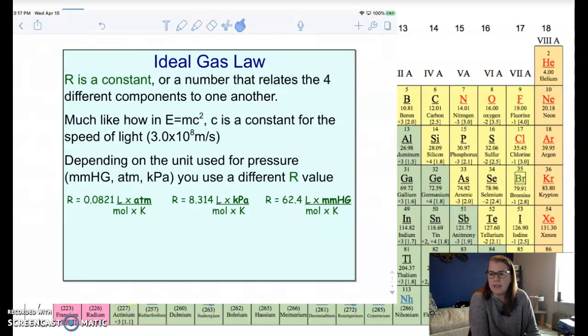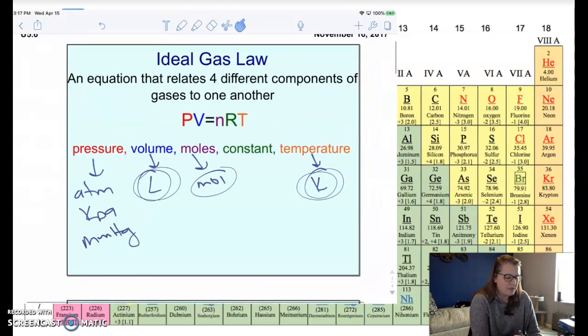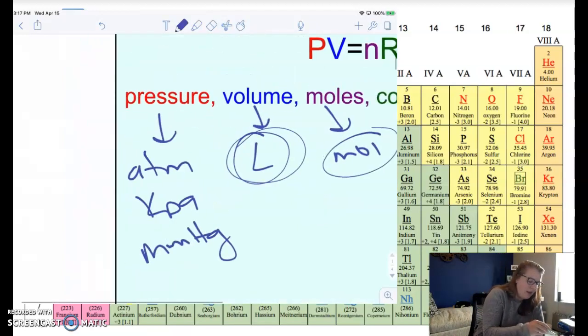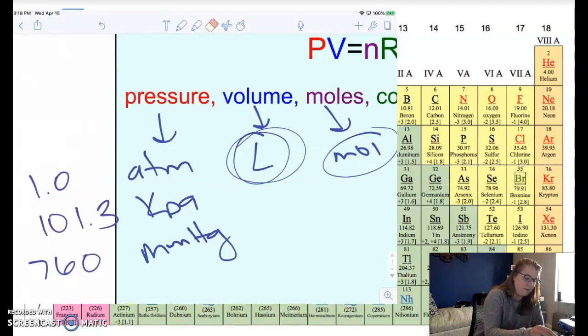That's how R works in the ideal gas law. It's just letting us know we need to plug in a number, a constant, in order to make these relationships true. Here's what's weird though. Temperature is always Kelvin, moles is always moles, volume is always liters. But pressure has so many different units, and there really isn't a standard unit of pressure that's consistently used. For example, you might recall 1 atmosphere is equivalent to 101.3 kilopascals, which is equal to 760 millimeters of mercury.